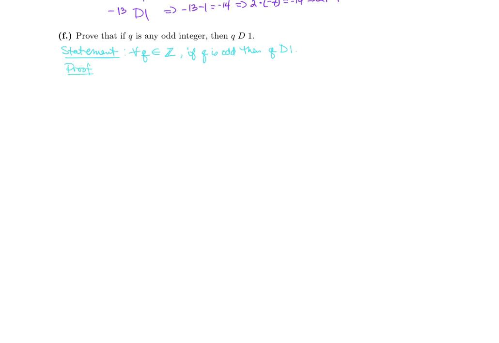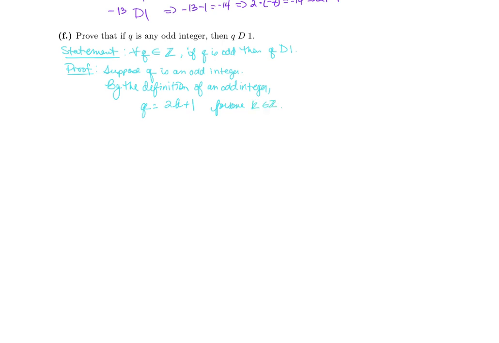So our proof here says, well, let's start with supposing P of X is true. Suppose Q is an odd integer. From there, we would say, by the definition of an odd integer, we know then that Q equals 2k plus 1 for some integer k.